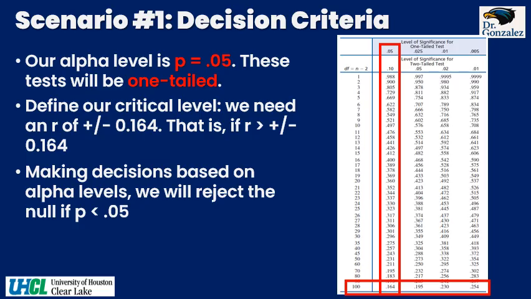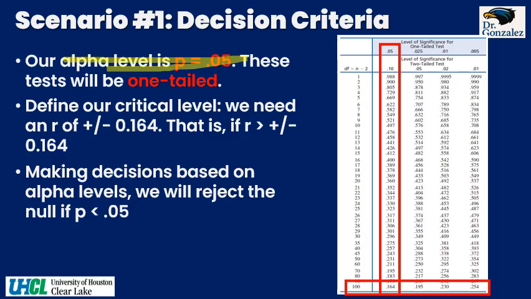So our alpha level is going to be p equals 0.05. Unless I tell you otherwise, that is what I want you to assume is our alpha level in any problem in this class. And if you noticed on those hypotheses, they were all specifically stating either a positive or a negative relationship. So these are all one-tailed.